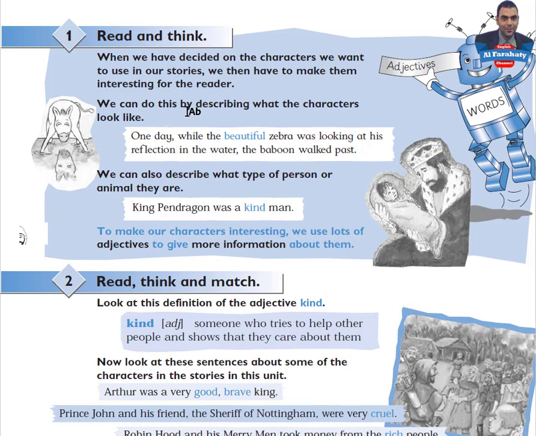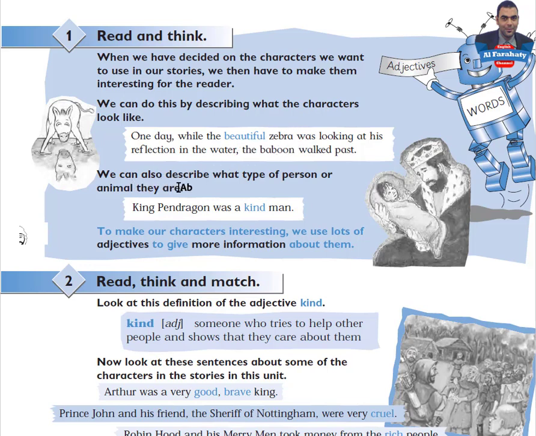We can do this by describing what the characters look like. Look here. One day, while the beautiful zebra was looking at his reflection in the water, the baboon walked past. Yes, we use this adjective, beautiful, to describe the zebra.